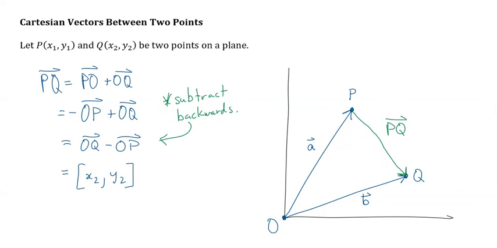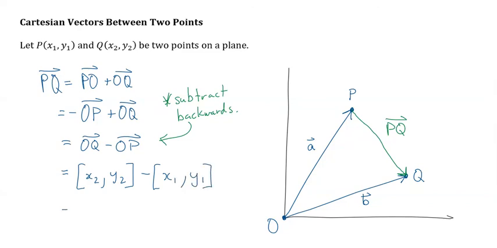Subtract backwards. Take your points, turn them into the vector that's associated with those points, starting with its tail on the origin. And if it's going from P to Q, then subtract OQ minus OP. Not hard stuff. You've got to remember what to do, but doing it is super easy.